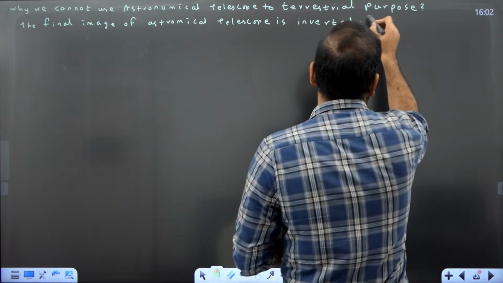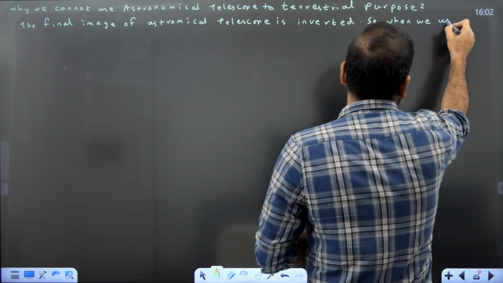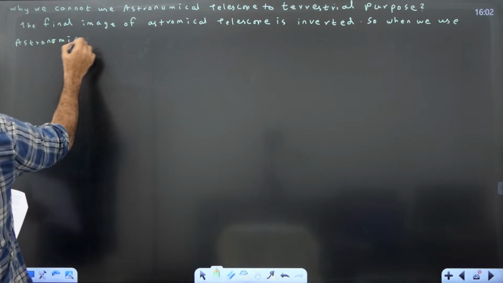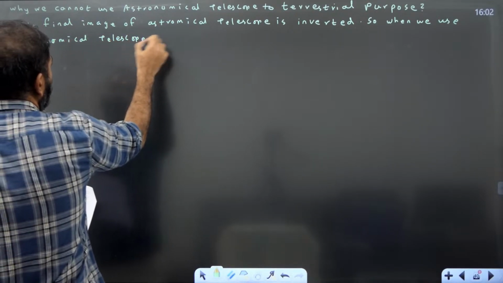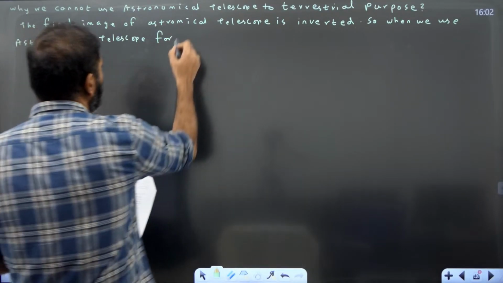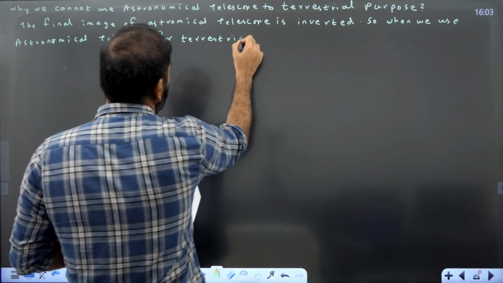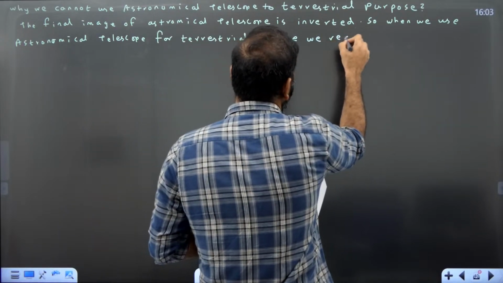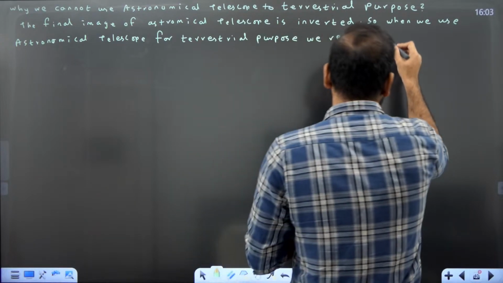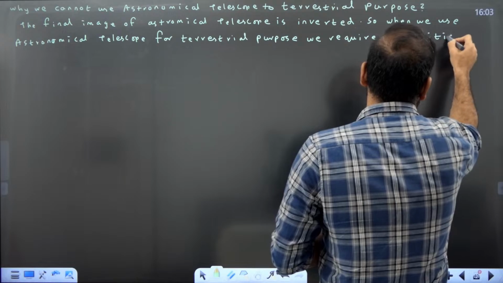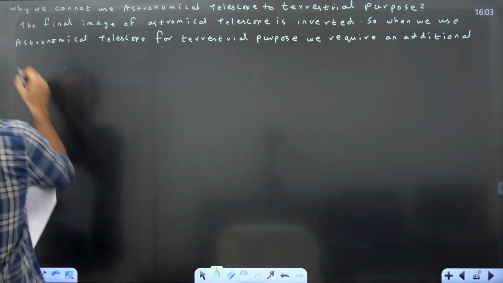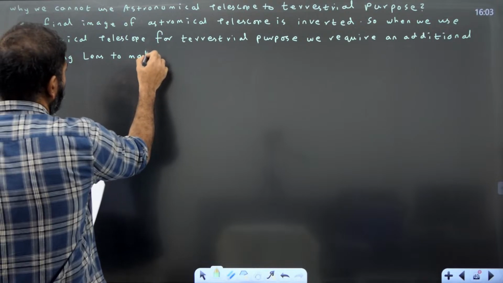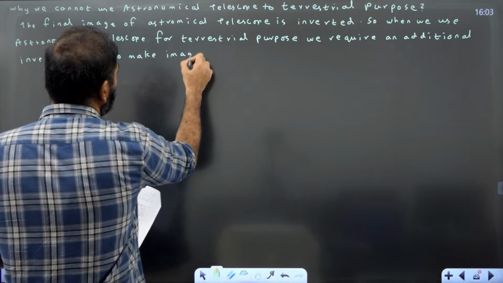So when we use an astronomical telescope for terrestrial purpose, we require an additional inverting lens to make the image erect.